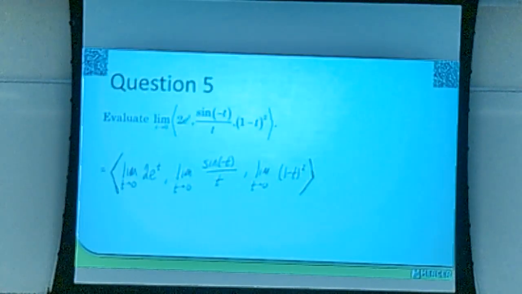Let's tackle each of the three limits individually. And I think what we'll do is we'll also kind of review calc on it as well. So I'll actually break down every step.